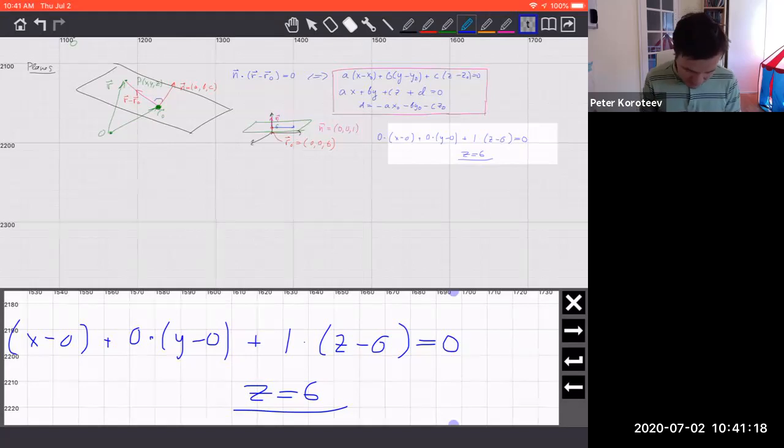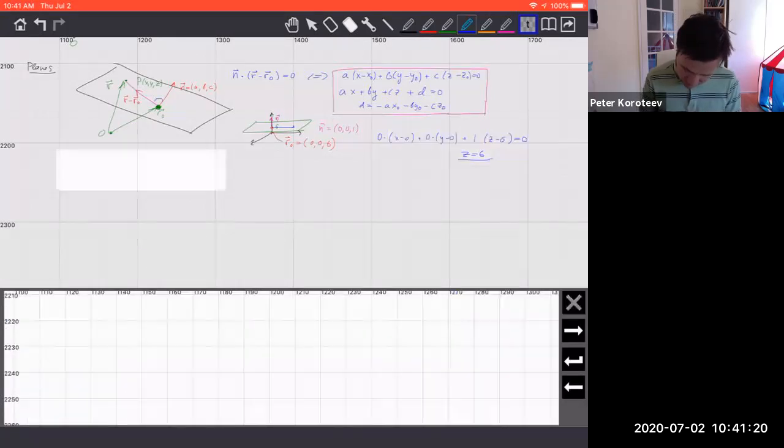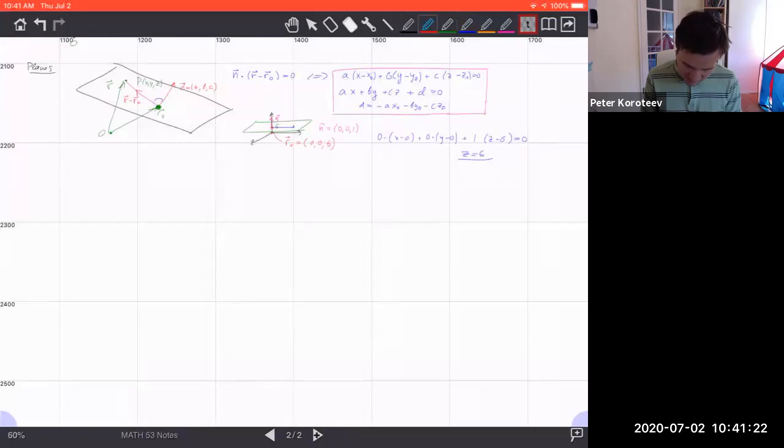Now let's look at a less trivial example where the plane is not parallel to any axis or any coordinate plane. Let's say we draw this tetrahedron.